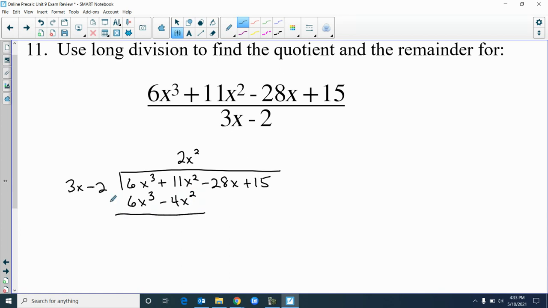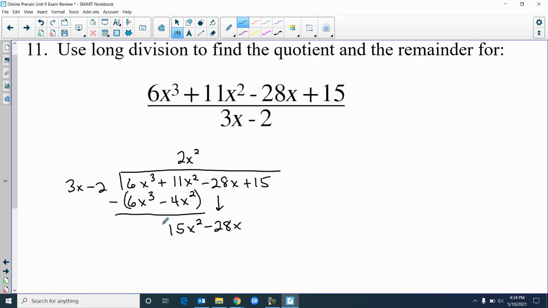And when you do long division, you subtract. You need to put that in parentheses. 6x cubed minus 6x cubed, we always want that to be 0. And then that's going to be 11 minus a negative. So you got to be careful that that's going to become 15x squared. Bring down the next term.